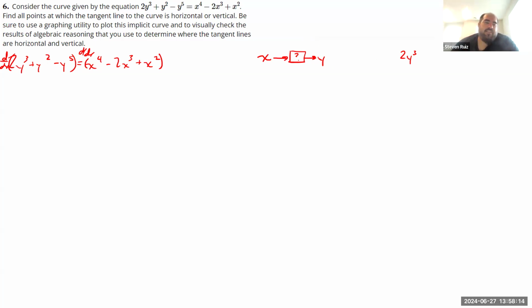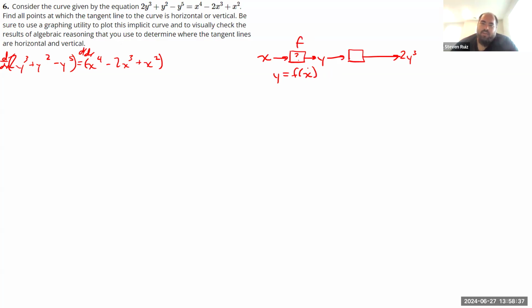So after x gets mapped or transformed to y, then what happens? Well, then it goes through another function, and that turns it into 2y cubed. So this function I'm going to call f, and I don't really know anything beyond this other than when x goes through function f, it becomes y.